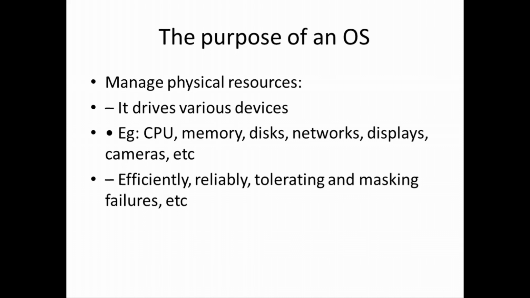Examples of those hardware or devices are the CPU, the memory, disk, the networks, the displays, the cameras, and so on. They do this work efficiently, reliably, tolerating and masking failures and so on.